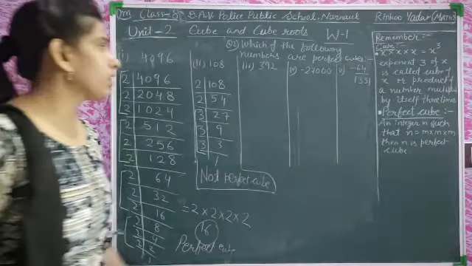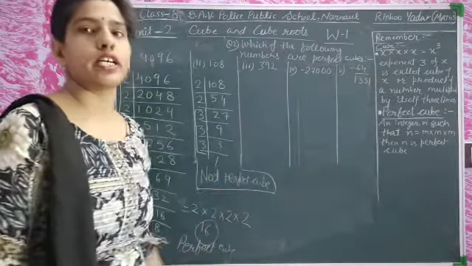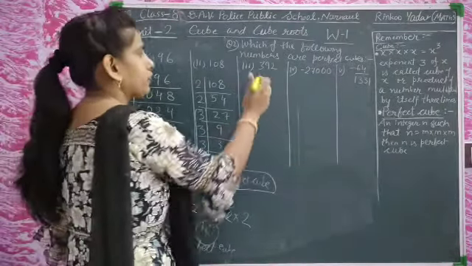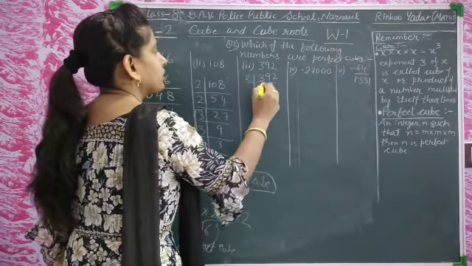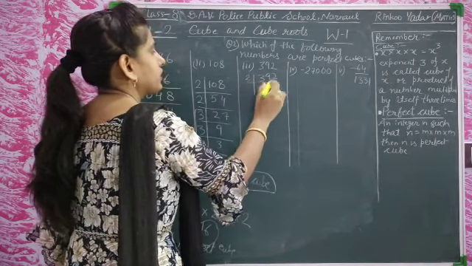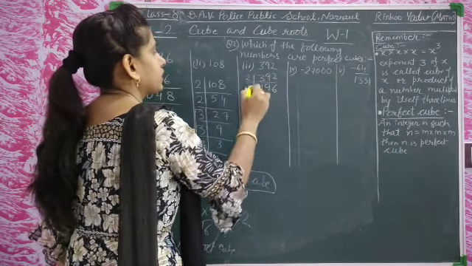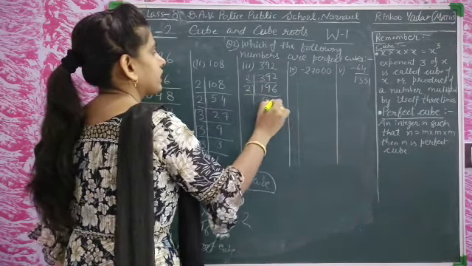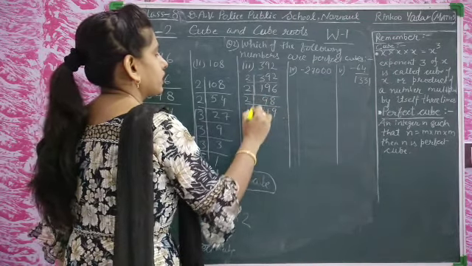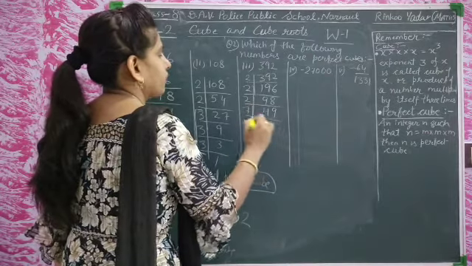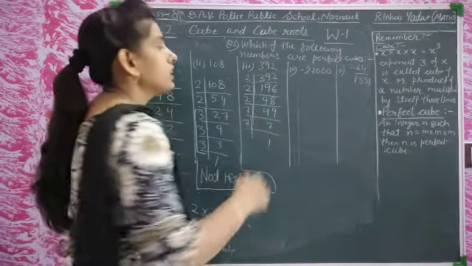Yes, students. Now we will check 392. Is it a perfect cube or not? 392. 2 1s are 2, 2 2s are 4, 2 9s are 18, 2 6s are 12, 2 9s are 18, 2 8s are 16, 2 4s are 8, 2 9s are 18, and 7 7s are 49, and 7 1s are 7.